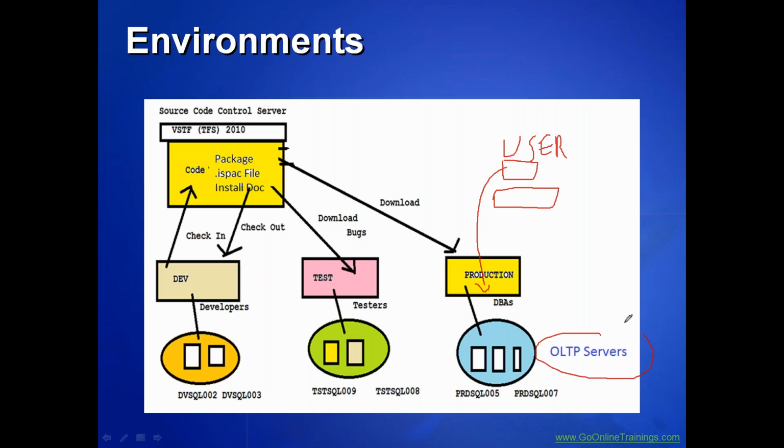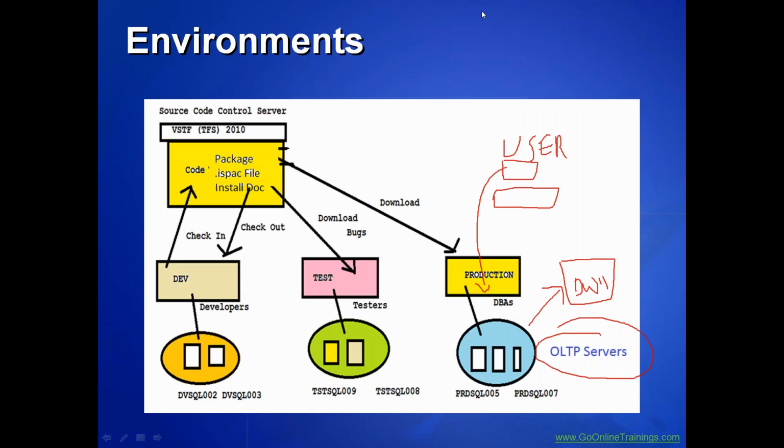These production servers are called OLTP servers, where you have the real time data. So again, you have some more data warehousing servers available in the production. You should take all the data from the OLTP and move it to the production data warehousing. Clear? So that is what you need to understand always.